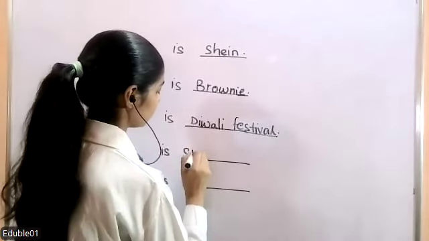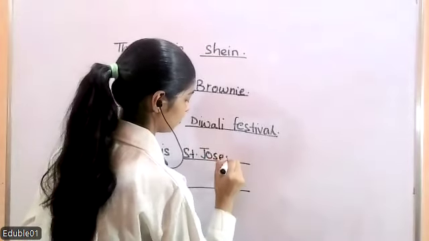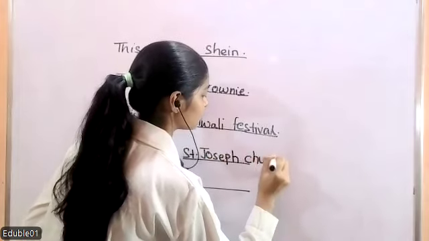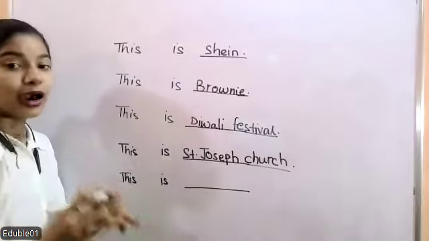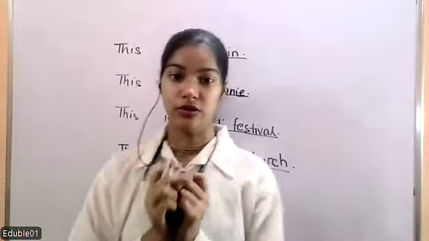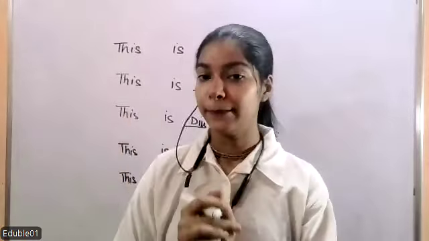This is Saint Joseph Church. Okay, this is Saint Joseph Church. We are talking about a specific church that belongs to some specific place.